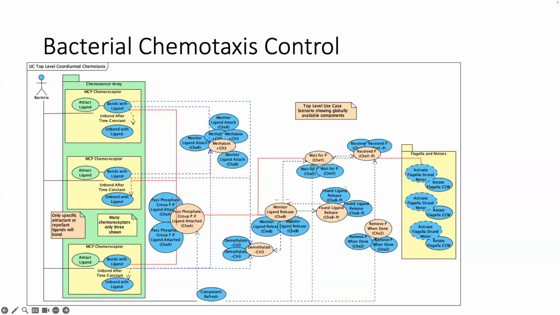Otherwise, it's going in a chaotic fashion where it could be just wandering around its area, sensing concentration. And when there's a concentration, it's going to kick in the control system to move it in the direction where there's a higher concentration of the attractants that it wants to get near and take advantage of.